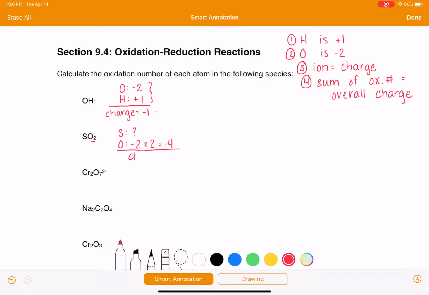The charge on SO2 is neutral. It has no charge. So whatever sulfur's oxidation number is, when we add it to -4, it has to equal 0. So we can use some clever math to figure out that sulfur must be +4.